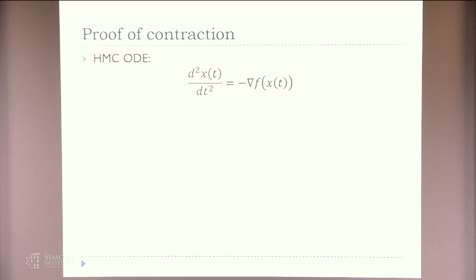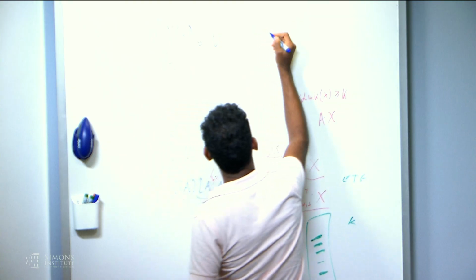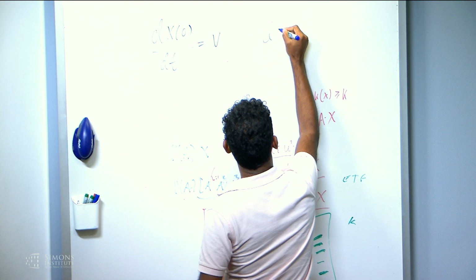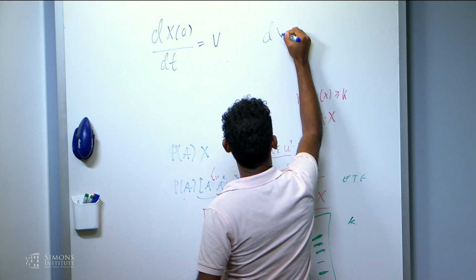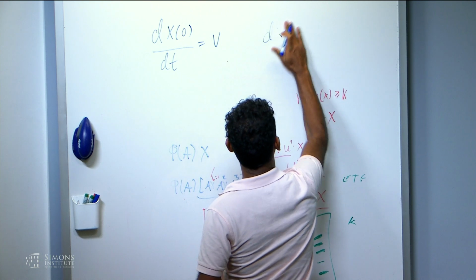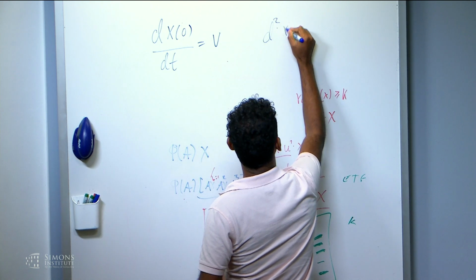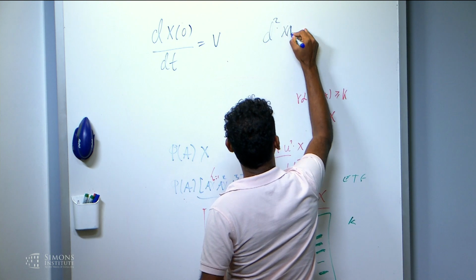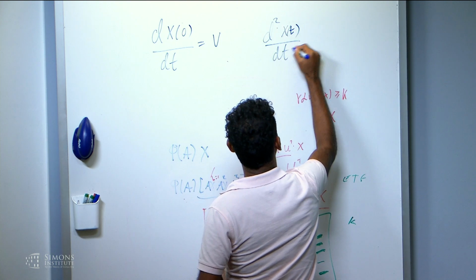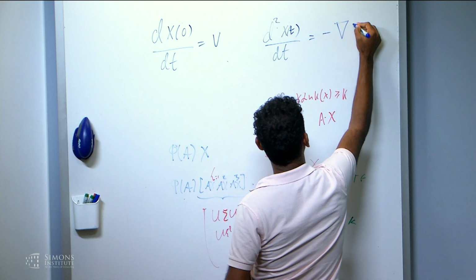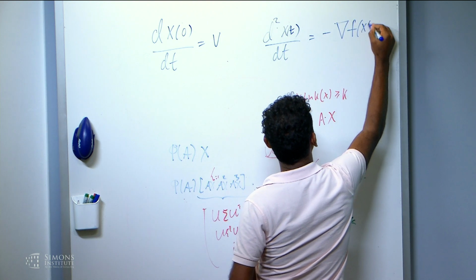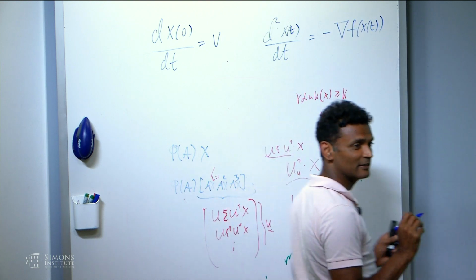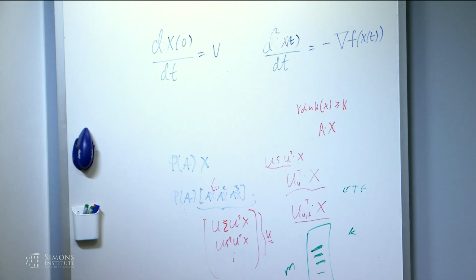This is how you're starting, and then the velocity itself, which will keep changing, so it's the second derivative of the position, will be the negative gradient of the function. That's the dynamics.